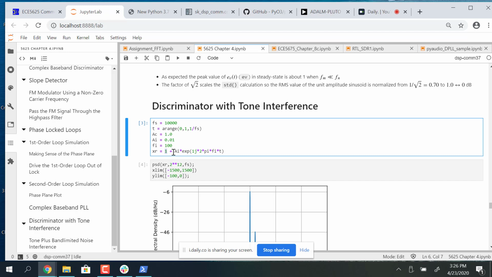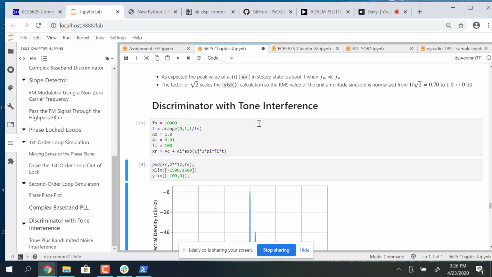I'm saying AI is equal to 0.01, and I'm going to simulate that at 10,000 samples per second, running for 1 second.